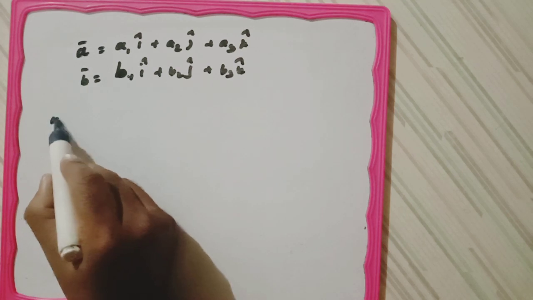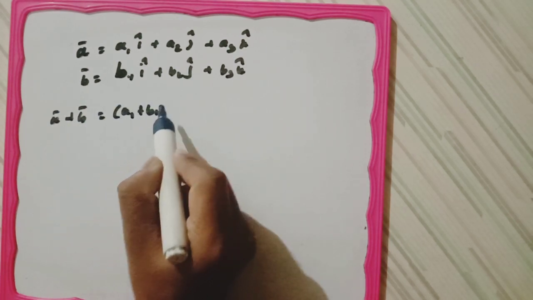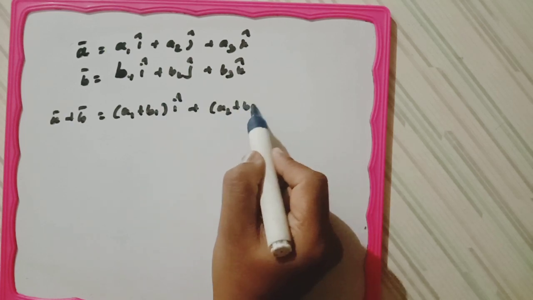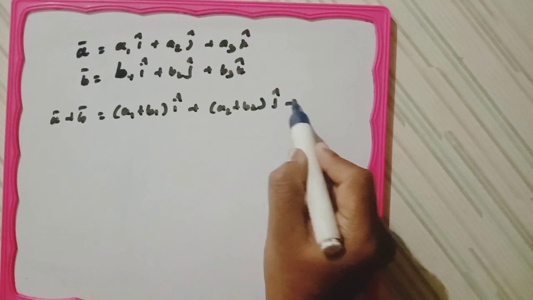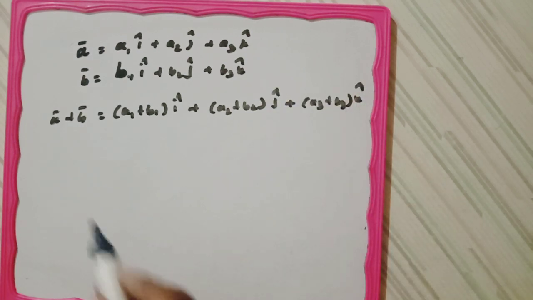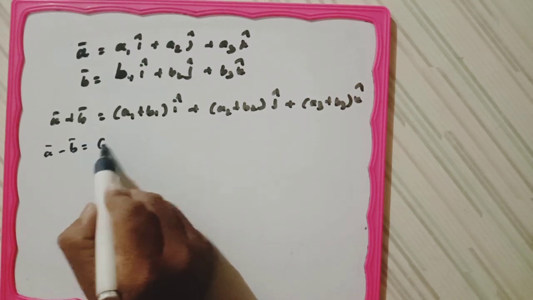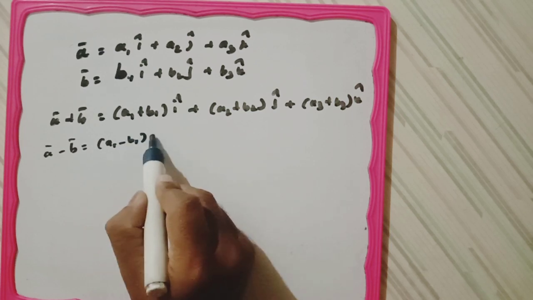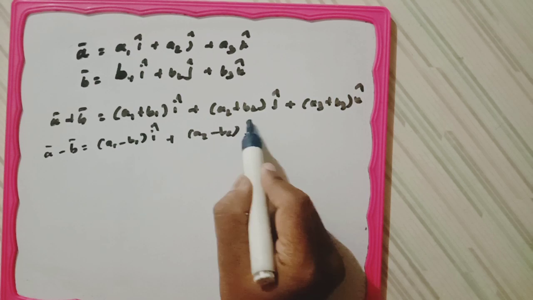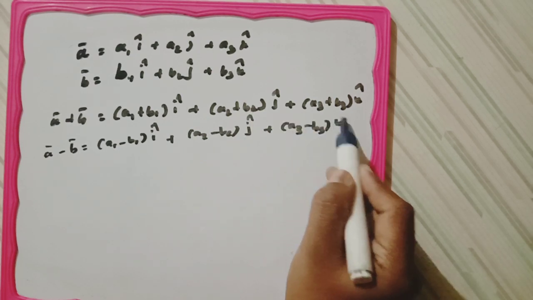Then a bar plus b bar will be given by (a1 plus b1) i cap plus (a2 plus b2) j cap plus (a3 plus b3) k cap. a bar minus b bar will be given by (a1 minus b1) i cap plus (a2 minus b2) j cap plus (a3 minus b3) k cap.